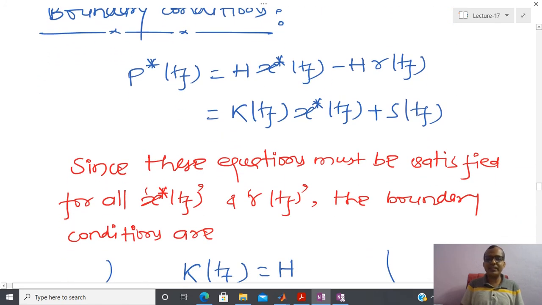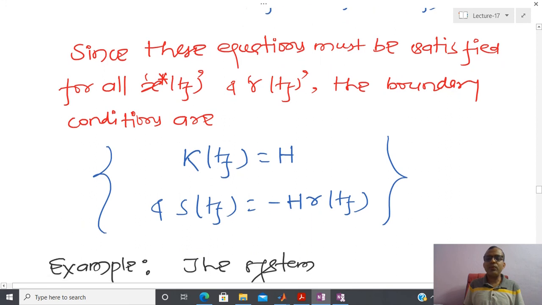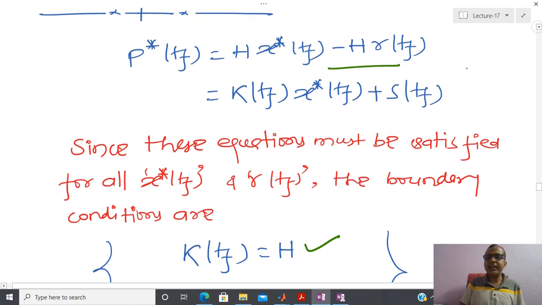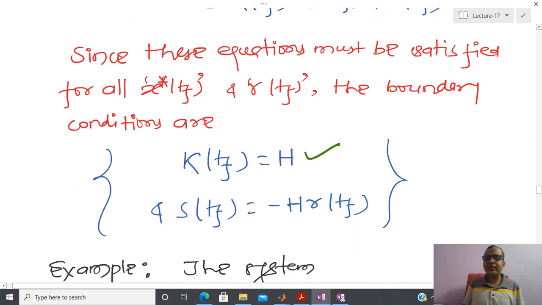So if you see the expression of the boundary condition, that is p star(tf) equals H x star(tf) minus H r(tf). And you are already well aware that once I converge in the close vicinity of the tracking point, at that time K(tf) equals H, and x(tf) similarly from this expression I can write is nothing but minus H r(tf).